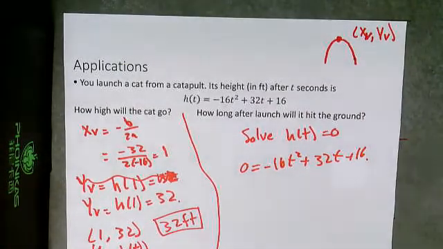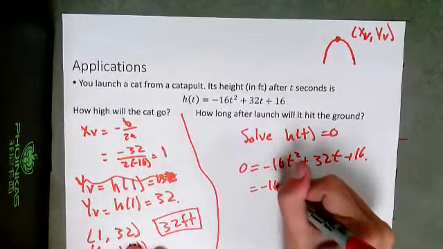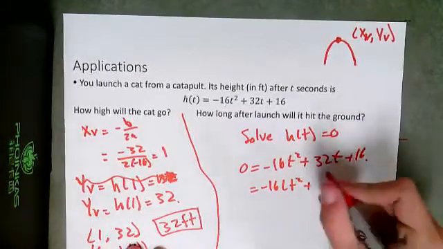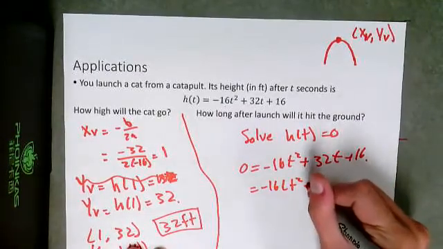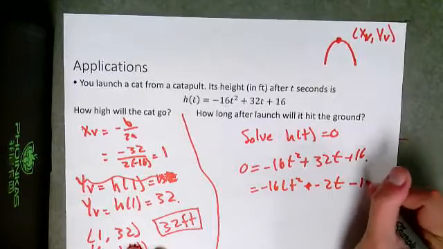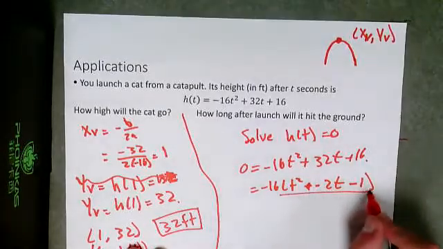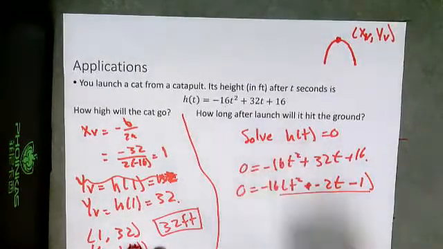This does not factor out quite nicely, so we're going to leave it for now. You can use the quadratic formula on this. I would first recommend that you factor out a negative 16 to make your life easier. Minus 2t minus 1, and use the quadratic formula on that.